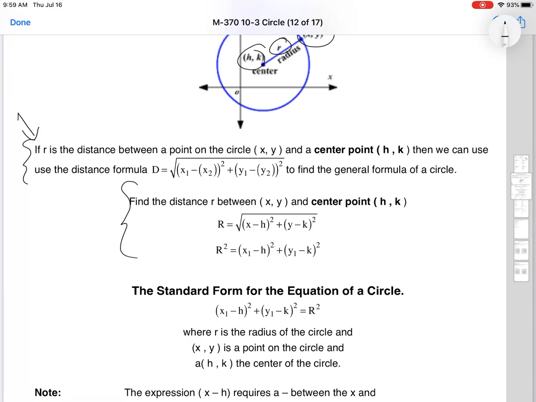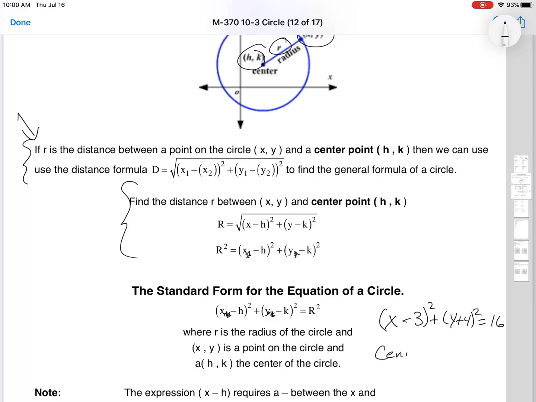So without going down any further, if you had something that looked like this, now his notation is messed up, and so let me show you where it's messed up. These ones should not be here. These should be arbitrarily x's and y's. So those ones that are down there shouldn't be there. So if you had something that looked like this, x minus 3 squared plus y plus 4 squared is equal to 16, then here's what you'd know.